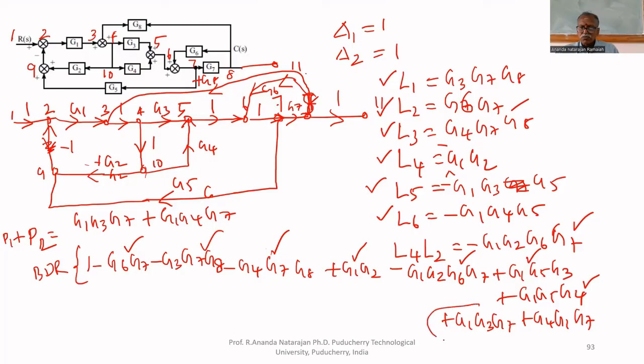The left out are these two: G1, G3, G7 and G1, G4, G7. These two are forward paths.